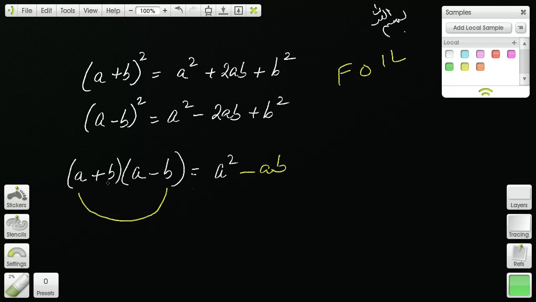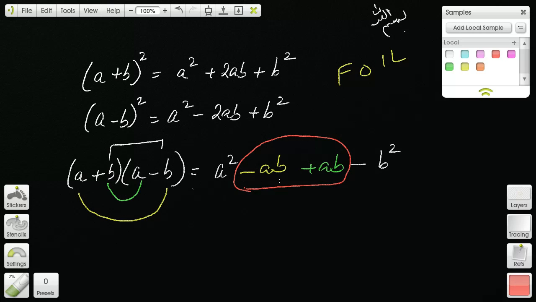Inner, plus ab. And then last, minus b squared. In this case, these two terms, when you combine them, cancel each other out. Negative ab plus ab. So this becomes a squared minus b squared. So it's very, very important.